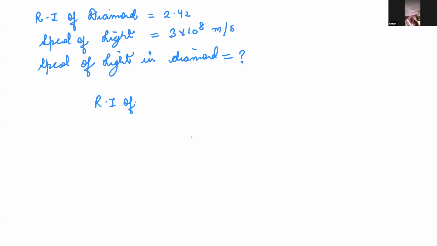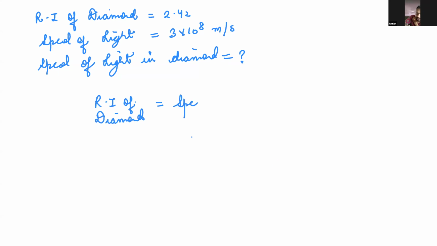Now, if I write the refractive index of diamond like this, what is the formula for it? Quickly unmute your mic and tell me the formula for the refractive index.